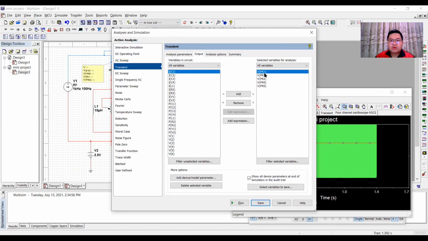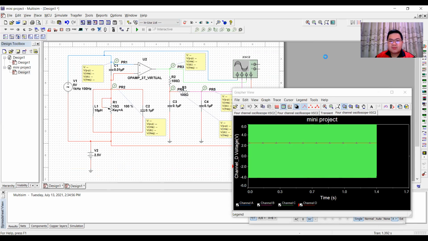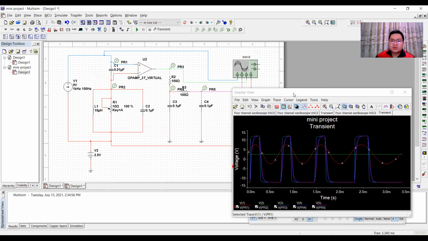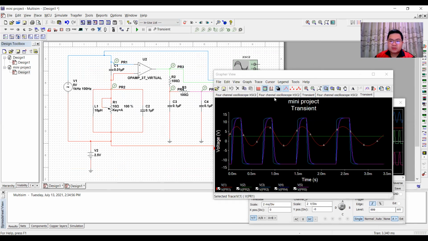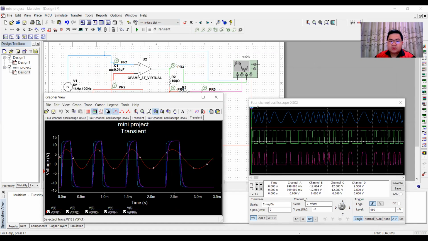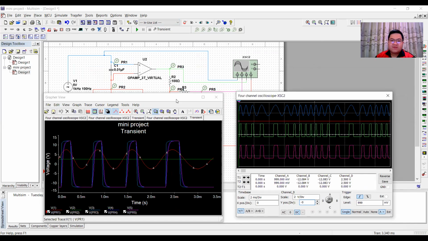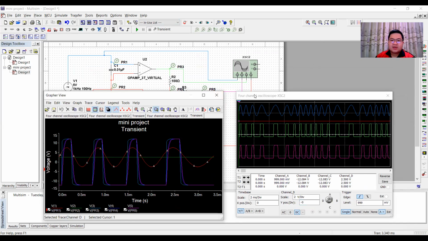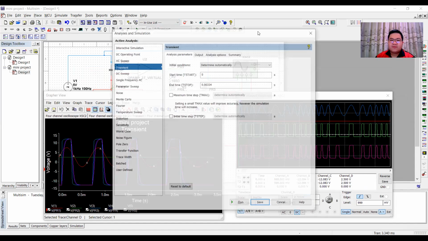Then the output for V1, V2, and PR1 until PR5, then press run. So this is the output result for the transient mode. This is due to capacitor charging, so the graph will be curved a bit here. So these are both graphs, for transient mode and interactive simulation.